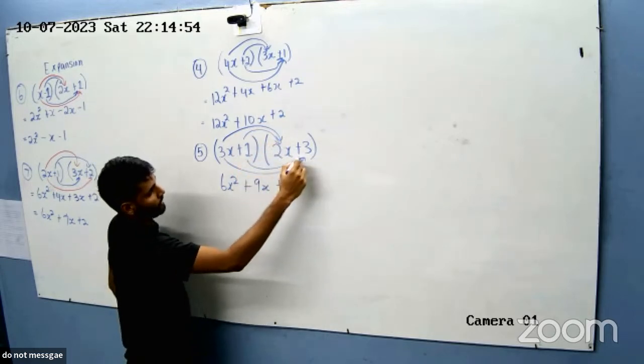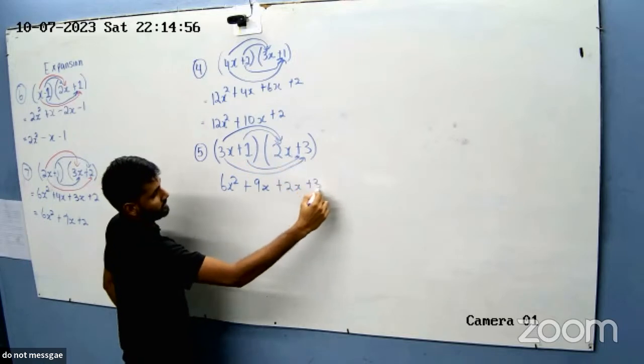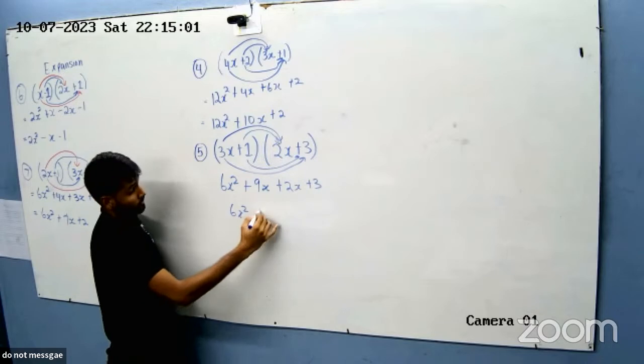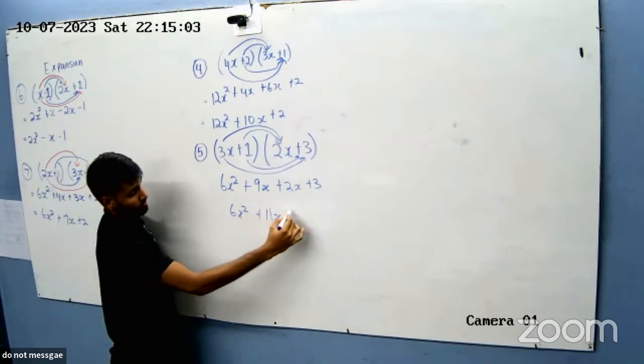And then 1 by 3. So you get 6x squared plus 11x plus 3.